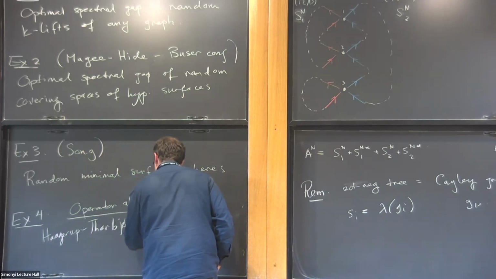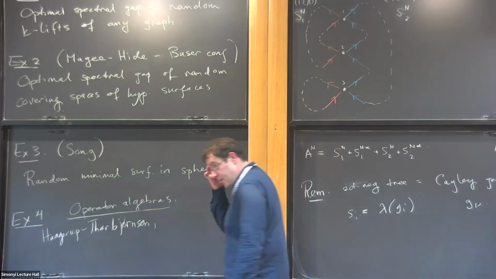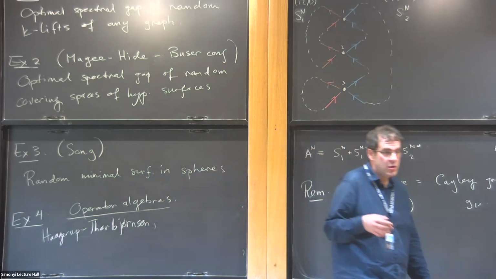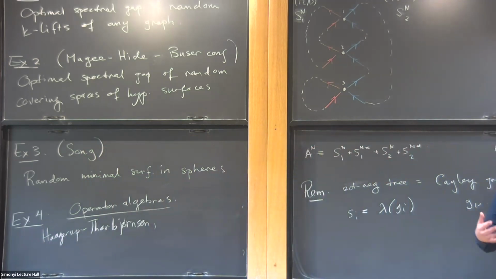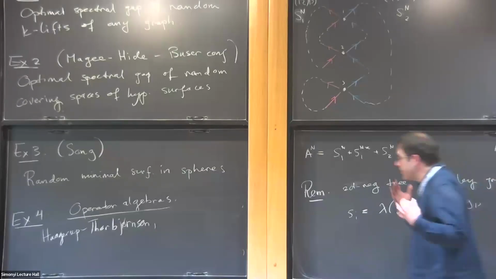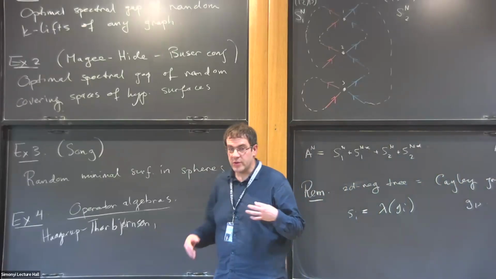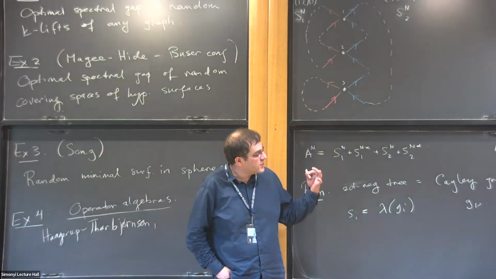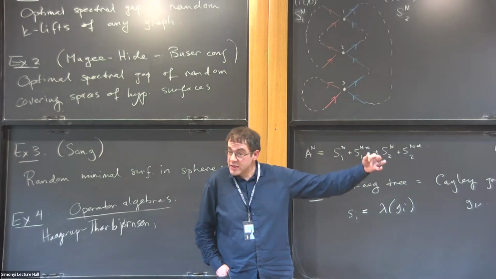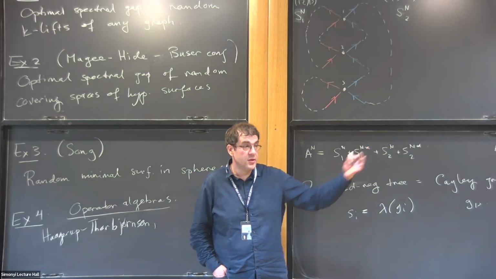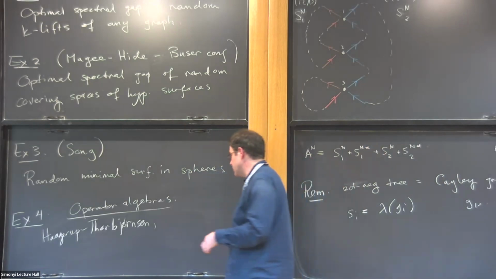And just in the last year or two, there was a lot of excitement in this area because other important problems in the theory of operator algebras were solved by proving refinements of these kinds of strong convergence phenomena, things that went beyond what Haagerup and Thorbjørnsen originally did.